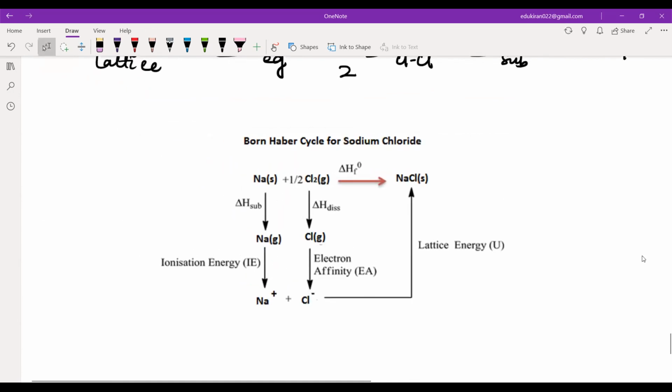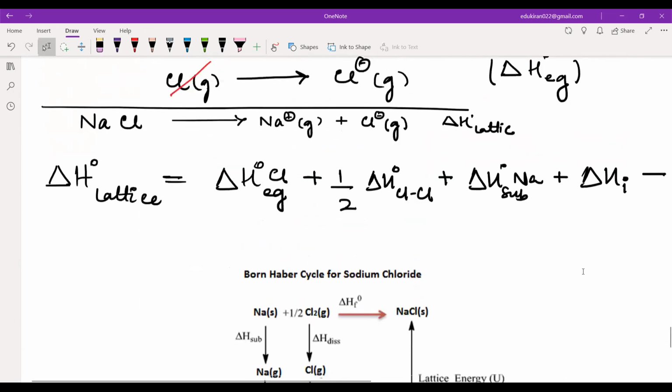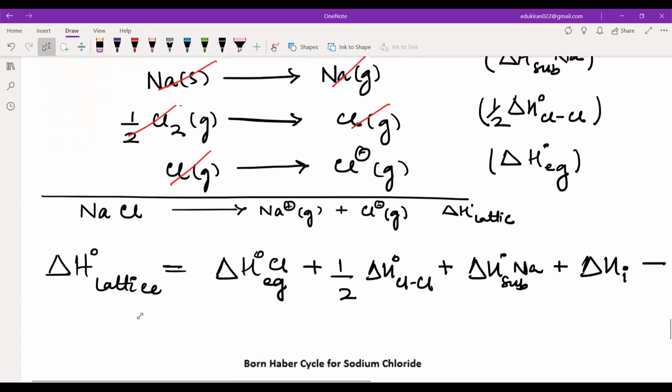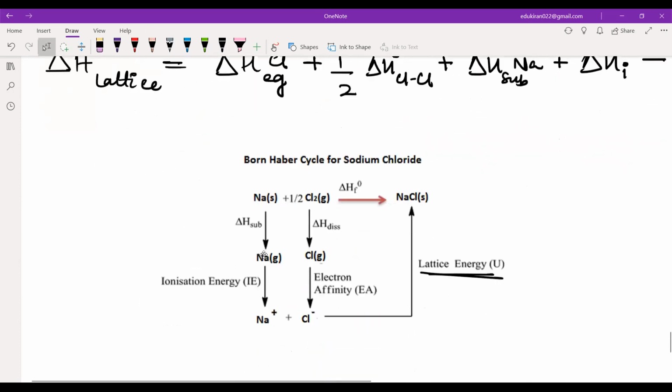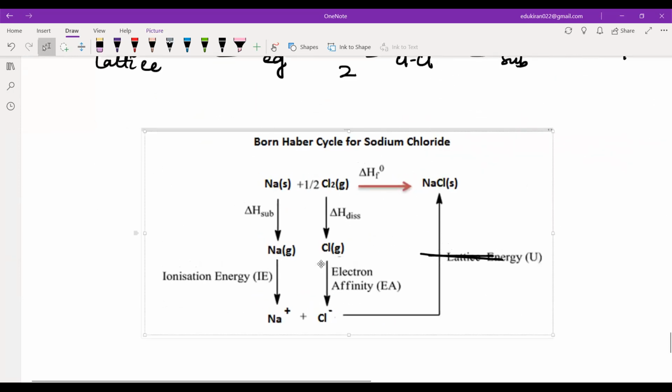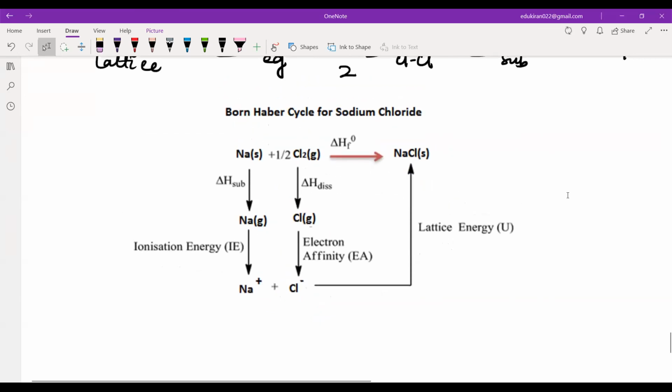We have the delta H naught of formation, then the delta H naught of sublimation of sodium to gas, then the ionization, then the delta H naught of dissociation, and then electron gain enthalpy. It's all of these things, and then this is going to form NaCl. So if I just reverse this, it will give me the lattice energy. They have just represented this in terms of a particular image. So that is a kind of cycle you can make. You can make your own cycle. You can move things here and there, but at the end it should represent the correct thing.